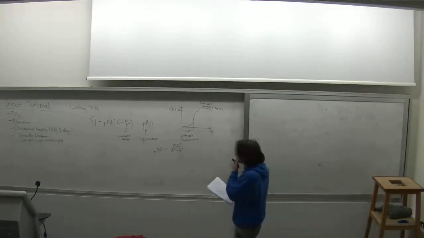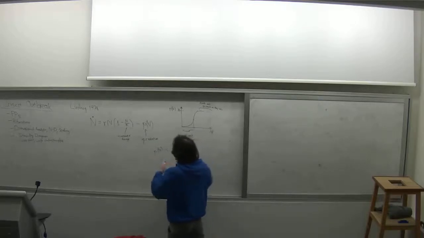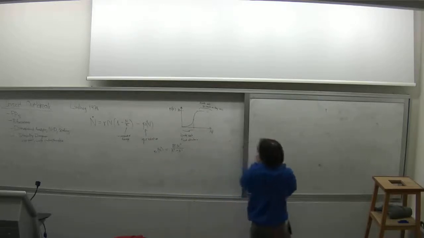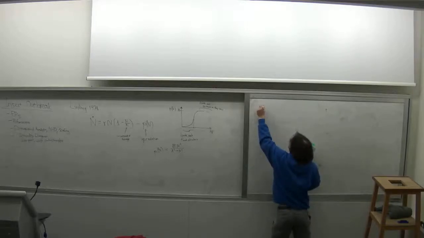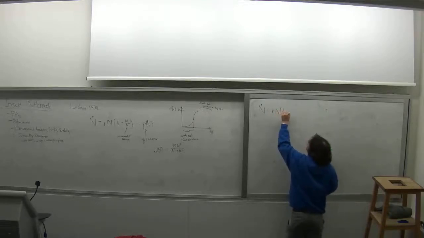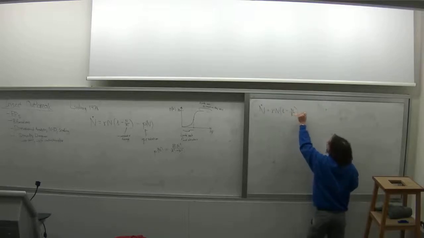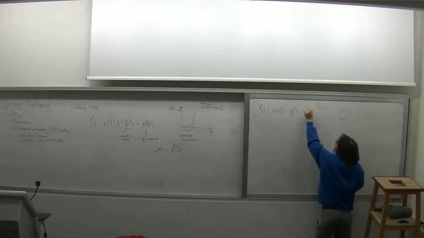Okay, so we have this model. I would like to write it again in the full form: dn/dt equals r n times (1 minus n over k) minus b n squared over a squared plus n squared.